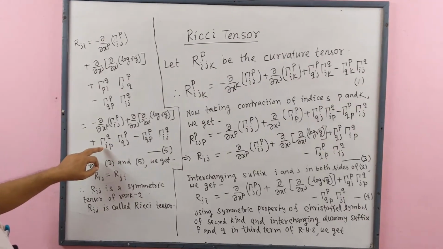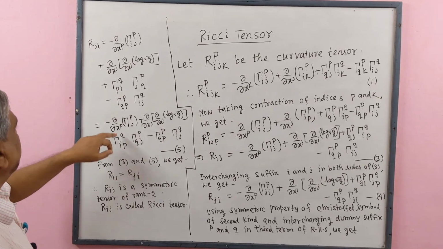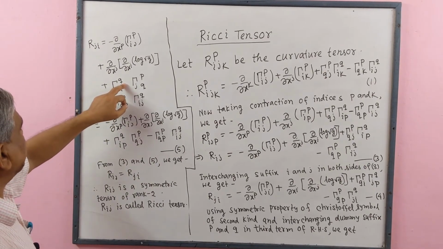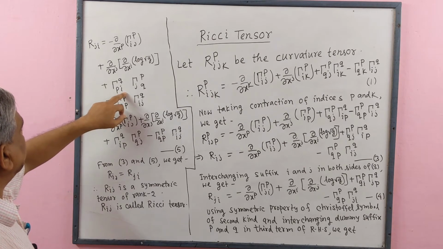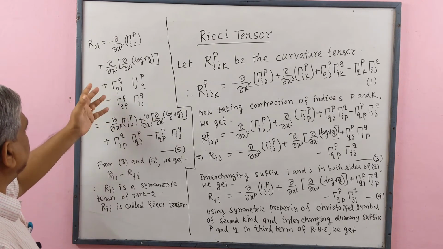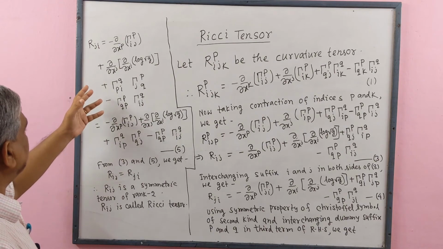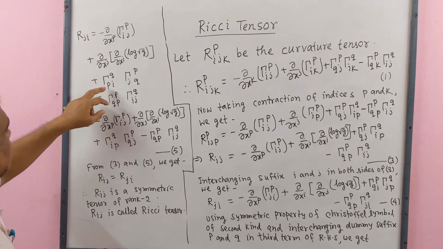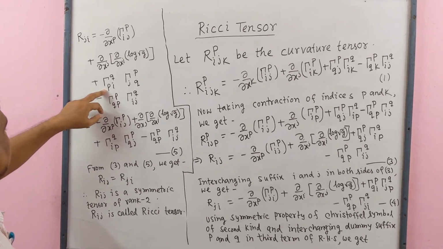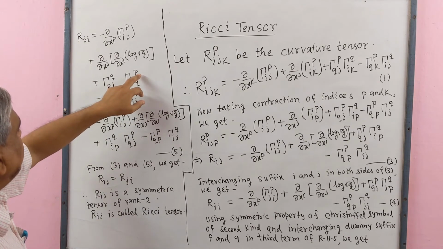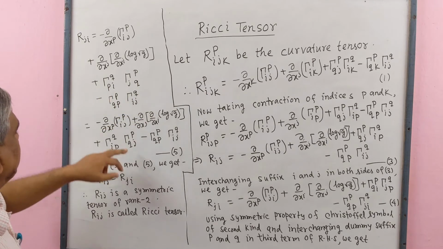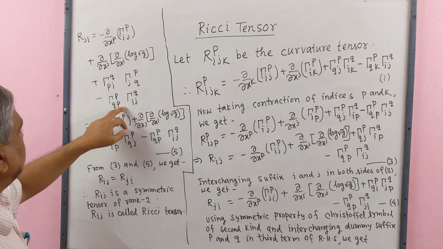Here we have Christoffel symbol of second kind {q, pi}. So interchanging p i, we get i p, since Christoffel symbol of second kind is symmetric. Similarly, here we may write Christoffel symbol of second kind {p, qj}, and this term remains same.